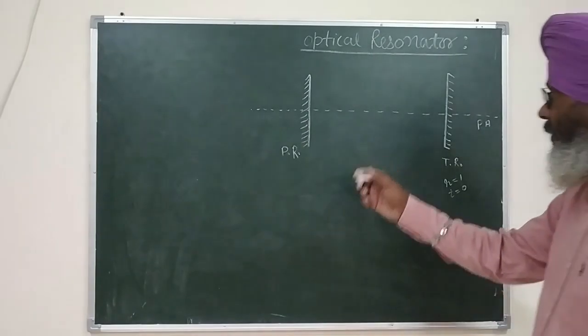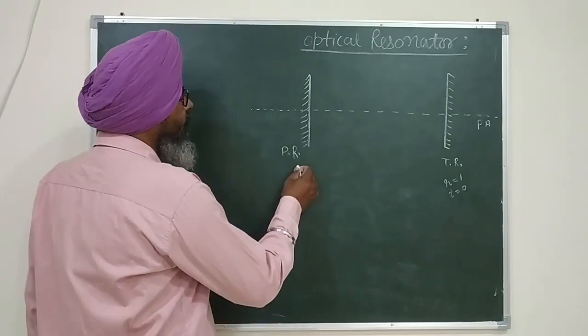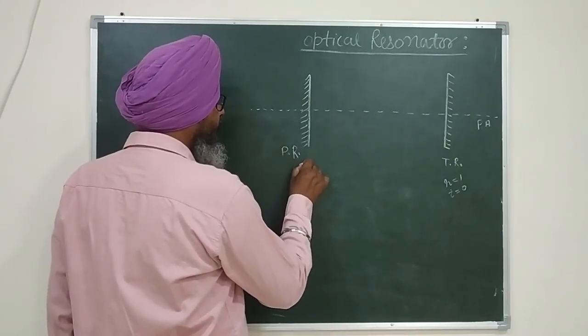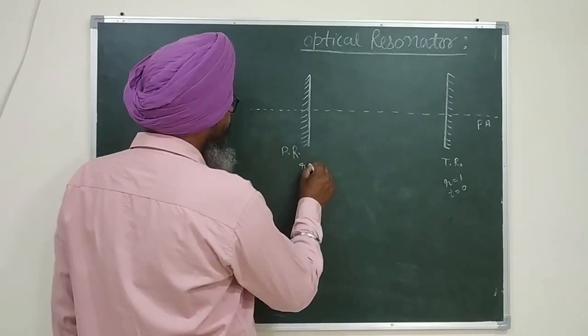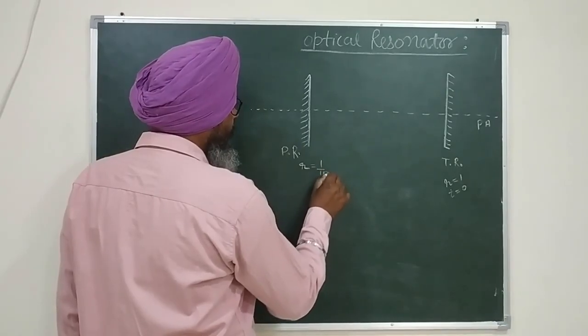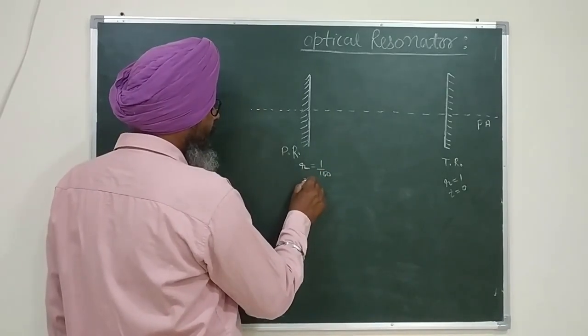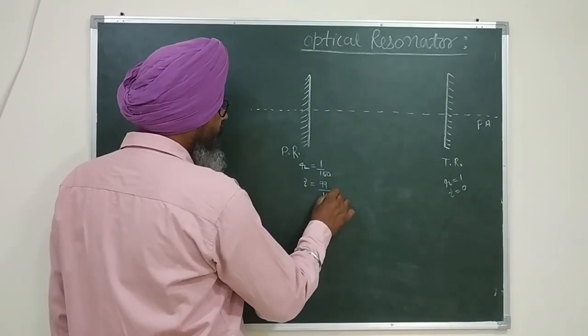Now, for this mirror, its reflectance is usually very small. Transmittance is very high. Let me take its reflectance to be 1 by 100. Since absorbance is 0, transmittance will be 99 by 100. This is just an example.